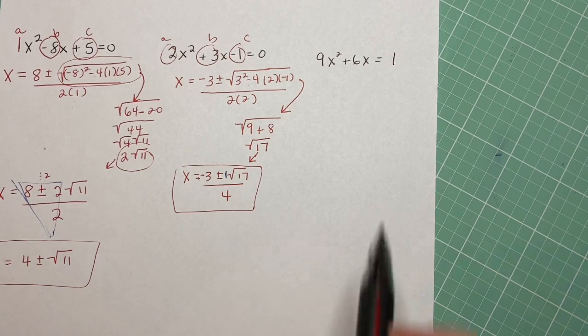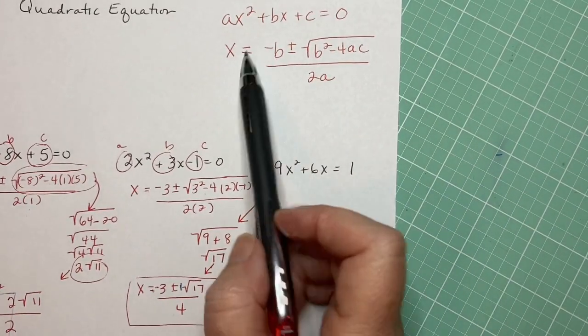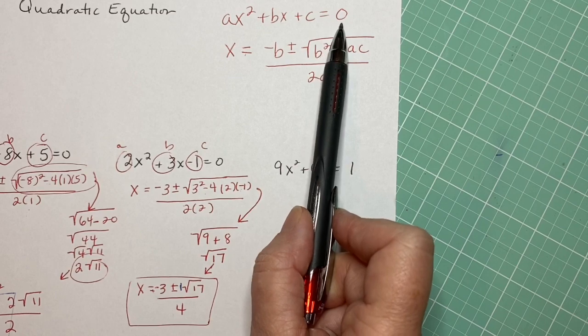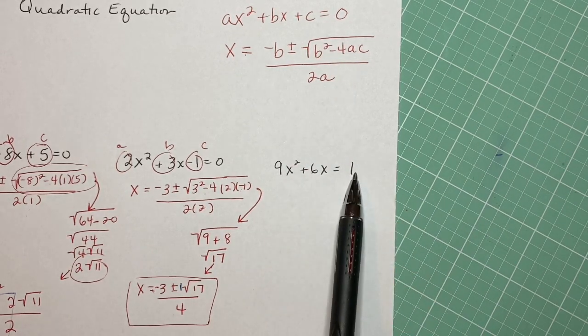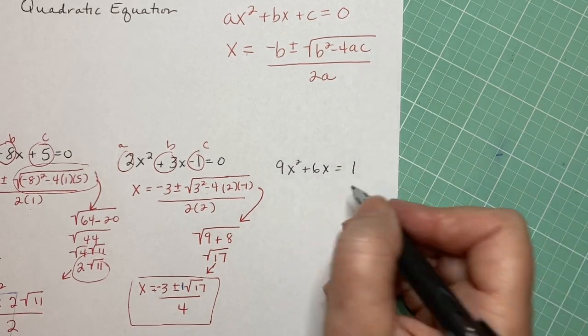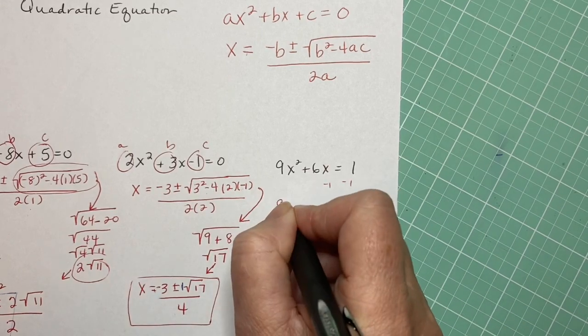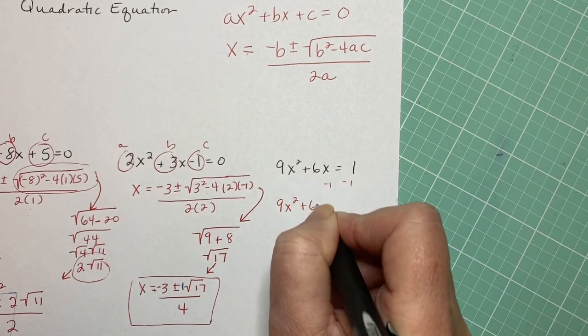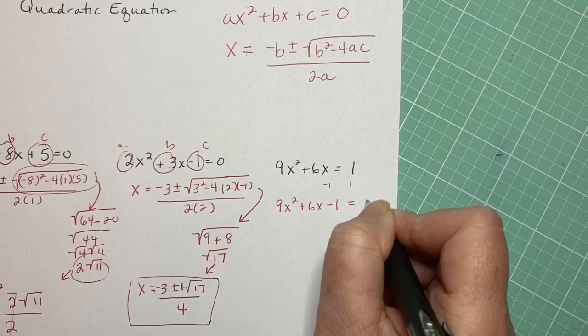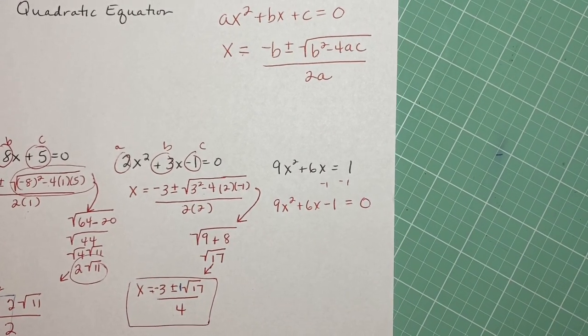This last one, before we can plug it in the formula, we have to make sure that it equals 0 and that everything is in descending order, and this one is not. So the first thing I have to do is move my 1 over and make this a 9x squared plus a 6x minus a 1 equals a 0.